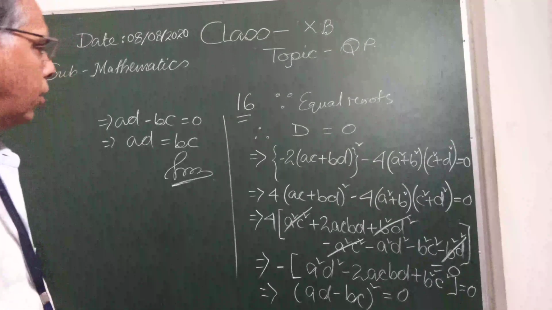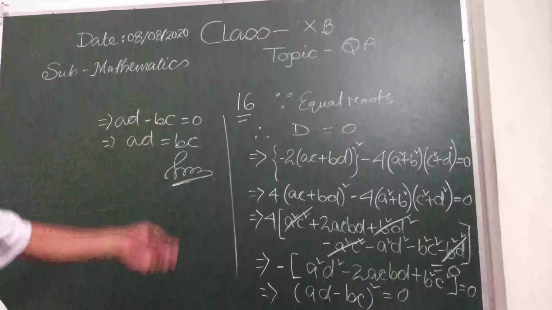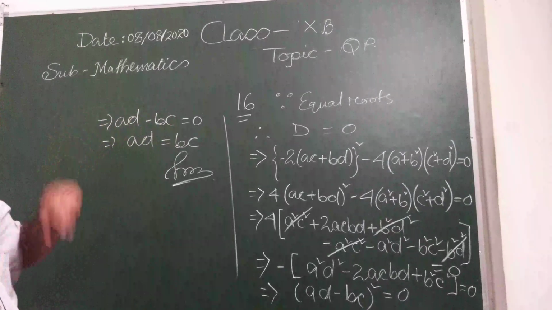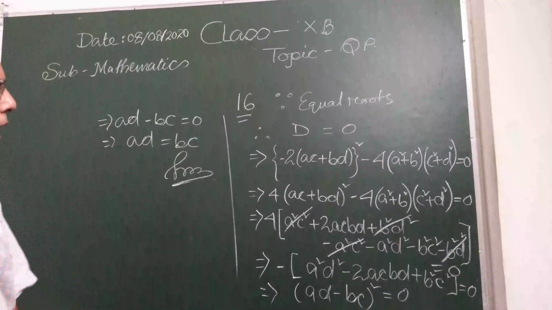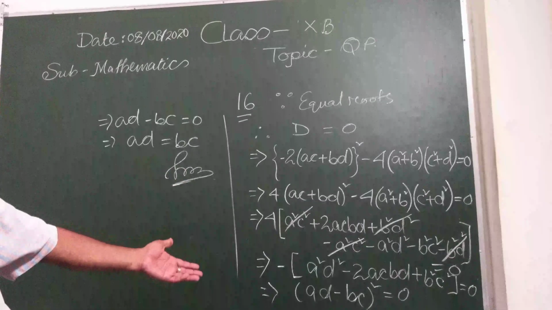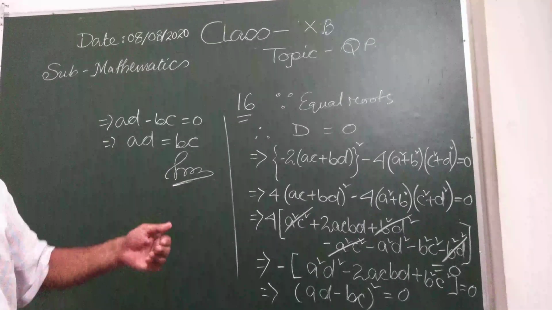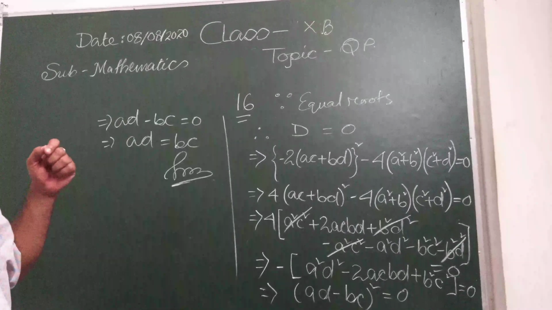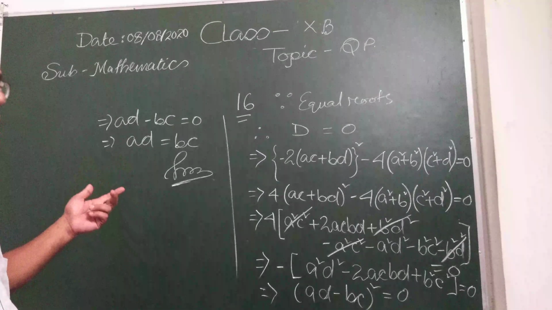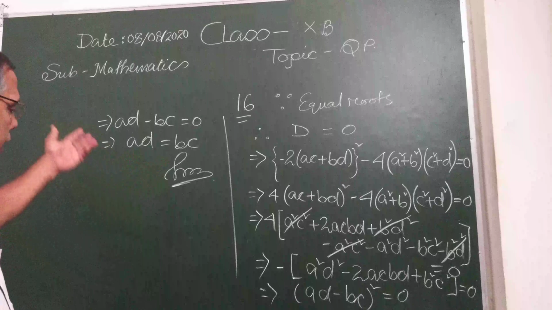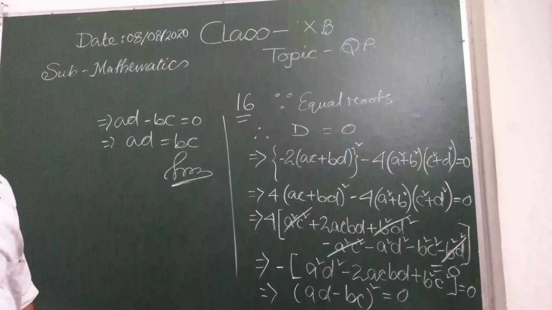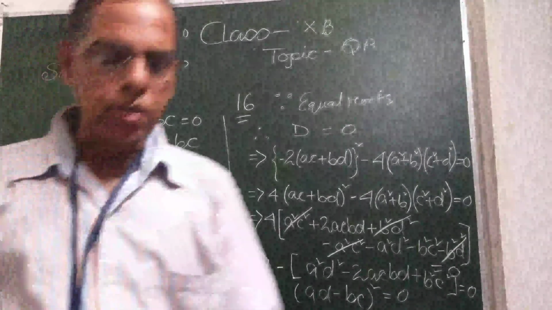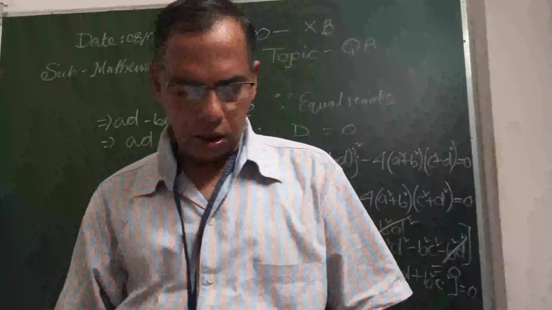So if equal roots, first of all you write, since equal roots, therefore D equal to 0, D stands for discriminant. Then remaining part you do the calculation, wherever identity formula, use identity formula, wherever you have to use the product formula, that is binomial product, and then you use once again the formula. So this is question number 16.